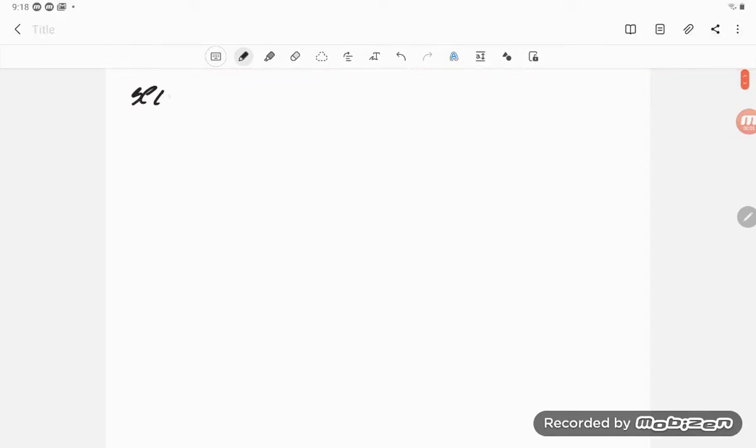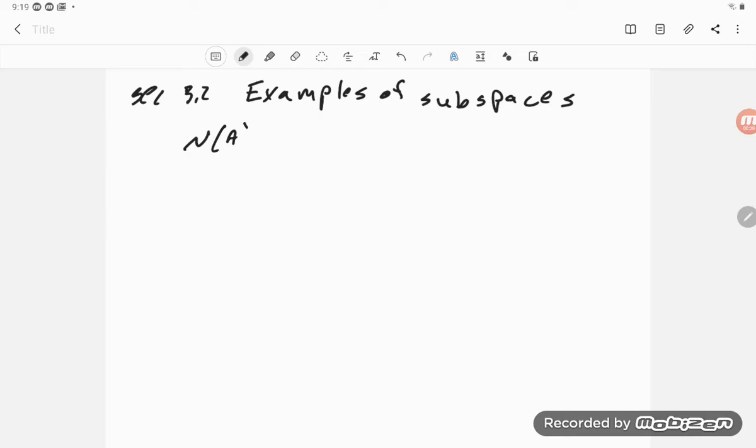Okay, section 3.2. Here we'll do examples of subspaces. So we've seen three of them: the null space of a matrix, the column space of a matrix, and the row space of a matrix.